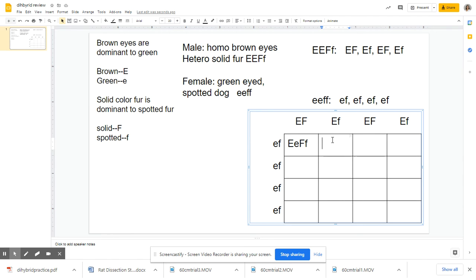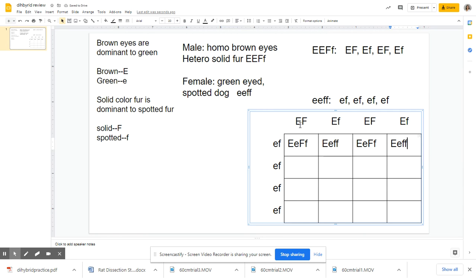In this box, again, we have a capital E and a lowercase e, and then we have two lowercase f's. In this box, we're going to have a capital E and a lowercase e, and we have a capital F and a lowercase f for fur. And in this box, we have a capital E and a lowercase e, and then two lowercase f's.